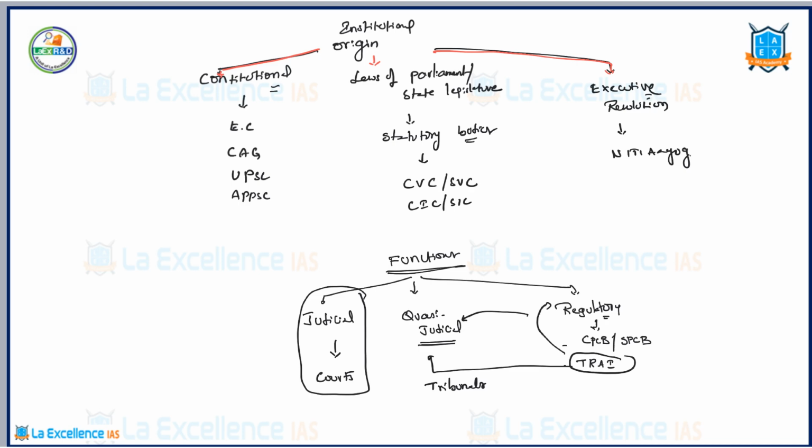And then we had constitutional and non-constitutional bodies, where we talk about their structure, functions, autonomy. Whenever we talk about these bodies, the most important thing is autonomy or independence of these bodies. And then judicial, quasi judicial, and regulatory institutions. This is the syllabus with regard to our polity.